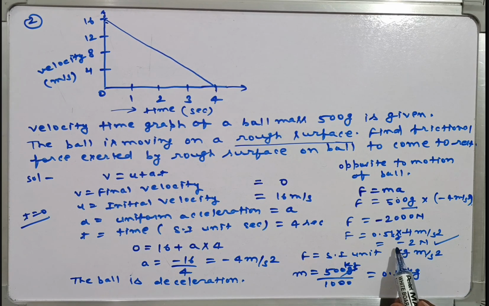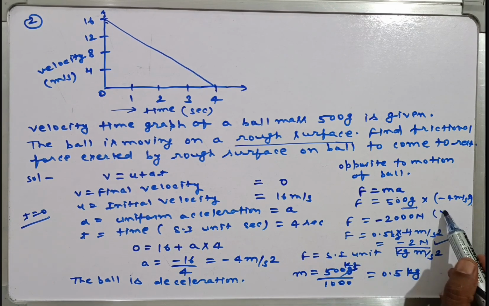Okay, the negative sign indicates the force is acting opposite to the motion of the ball. Okay, so the solution of this question is force exerted by the rough surface on the ball is minus 2 Newton. Okay, the earlier one is wrong.